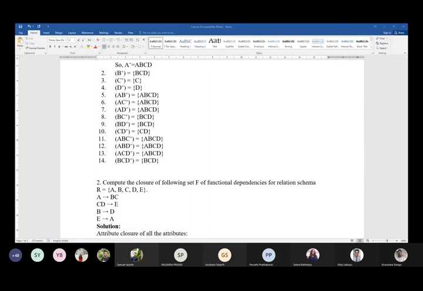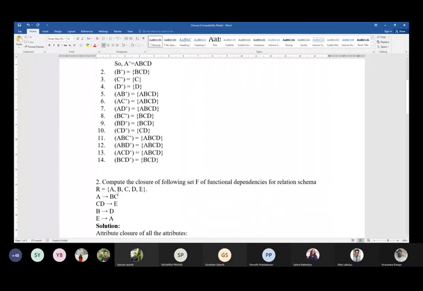Narasimha Reddy, Nanda Kishore. Yes, sir. Can you compute A closure? Hello. Yeah, you are audible. Can you compute the A closure for this second problem?